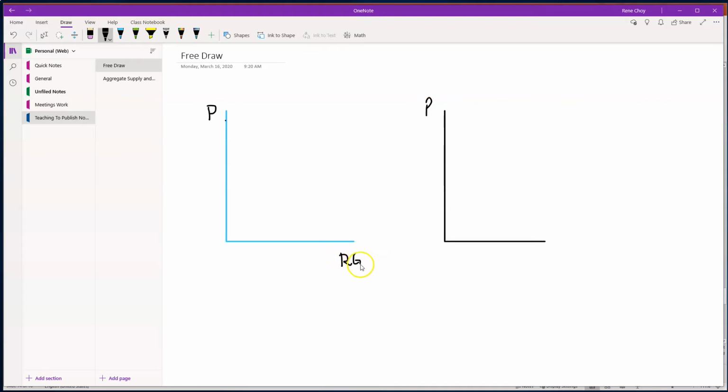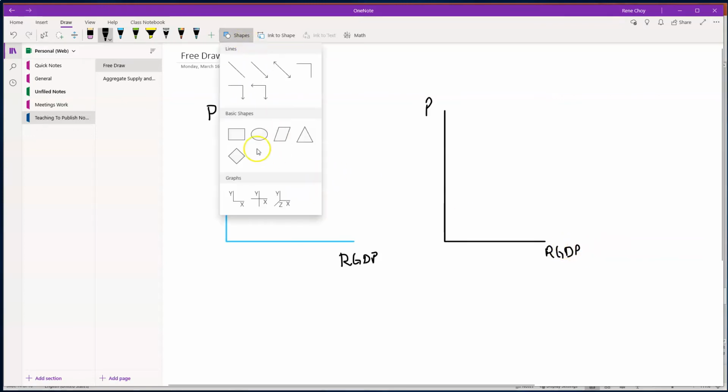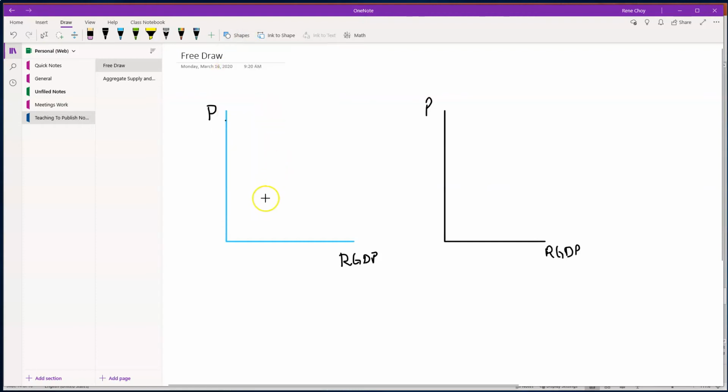We have our real GDP. All right, so again, what we're going to do here is have a short run move on this graph.